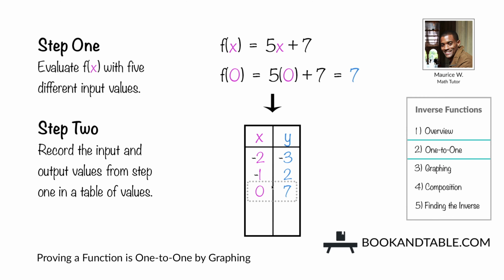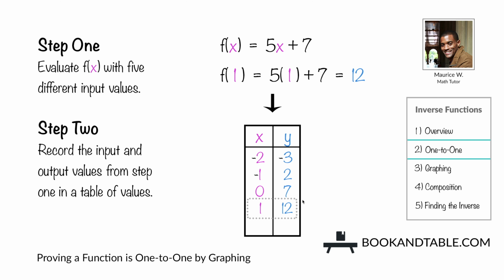And now we insert 0 for x, showing us f of 0 is equal to 5 times 0, which is 0, plus 7, which gives us an output of 7. So the input is 0 and the output is 7. Now we insert +1 for x, showing us f of 1 is equal to 5 times 1, which is 5, plus 7 will give us +12.